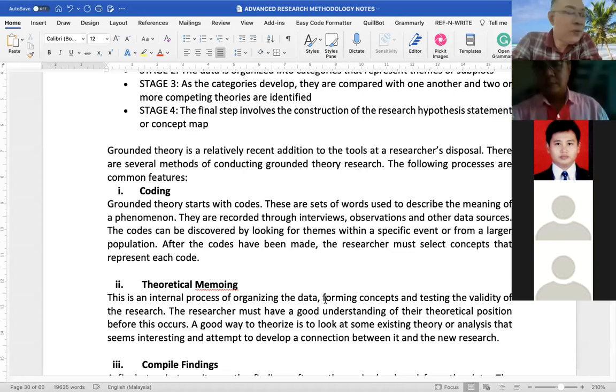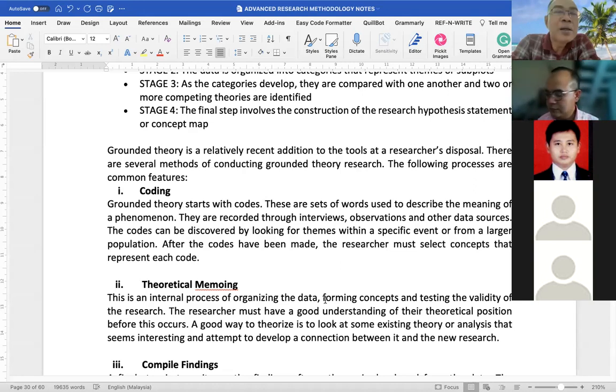I'll give you an example. For example, I want to determine the factors or the determinants that influence people's payment of zakat, whether Muslims pay zakat or not. I want to determine what are the factors that influence their decision to pay zakat or not to pay zakat.